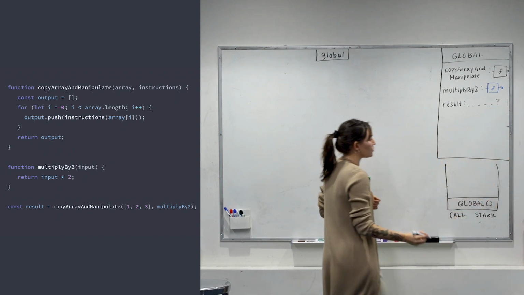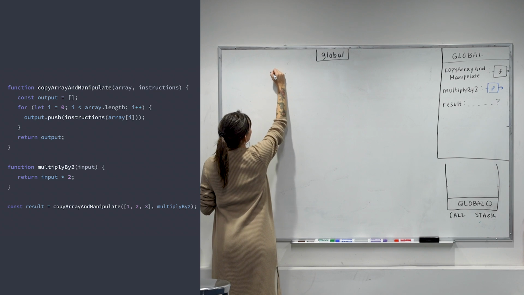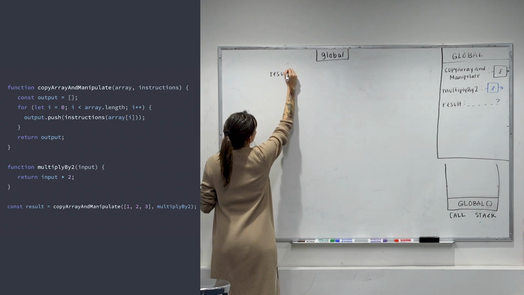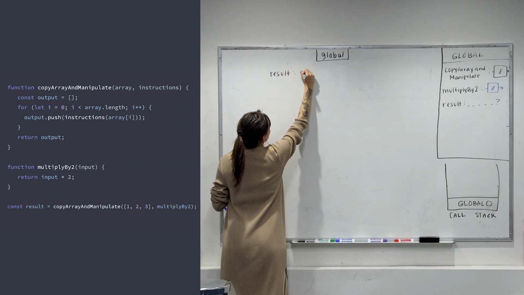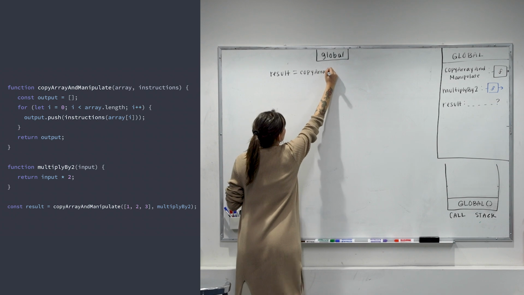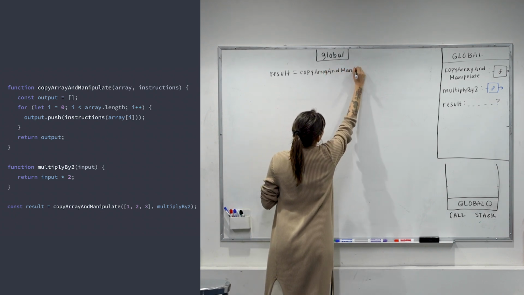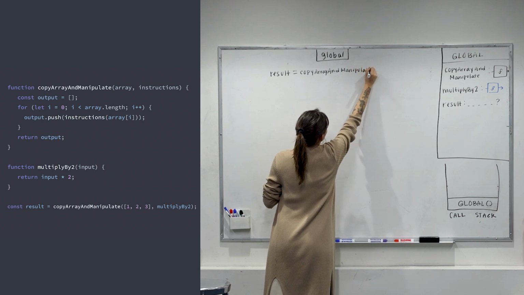Okay, cool. So we are invoking a local execution. Absolutely. So we will copy array manipulate. All right, cool.